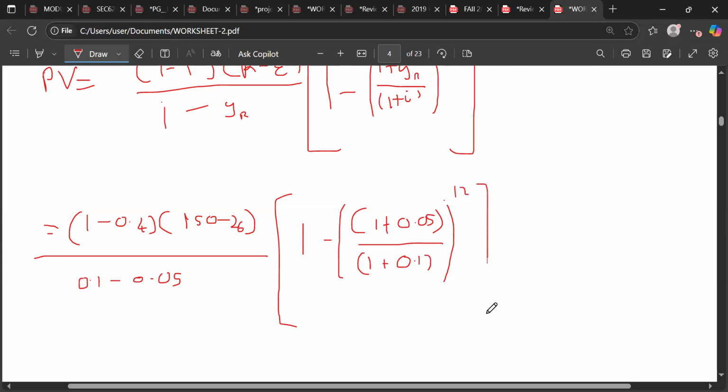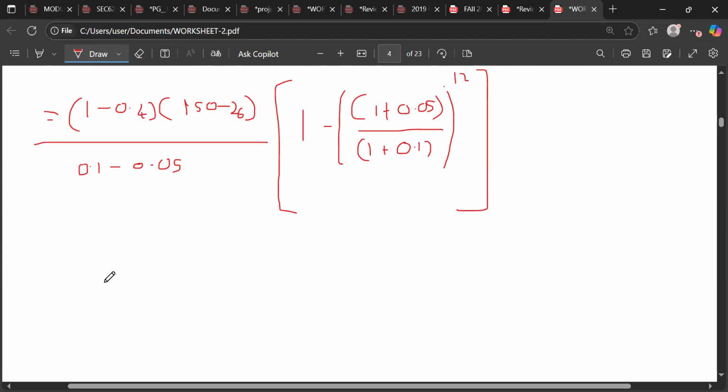Are we following how this is coming up? Are we on the same page? So this is going to give us 0.6 times 124 over 0.05. Are we following?